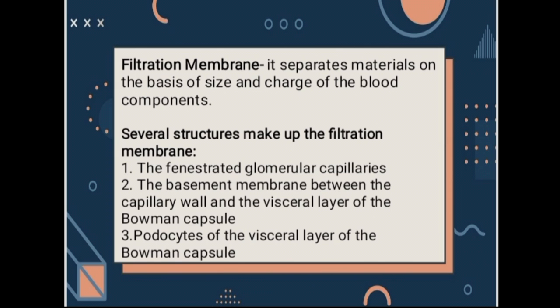Several structures make up the filtration membrane. First is the fenestrated glomerular capillaries. Second is the basement membrane between the capillary wall and the visceral layer of the Bowman capsule. And the last one is the podocytes of the visceral layer of the Bowman capsule.